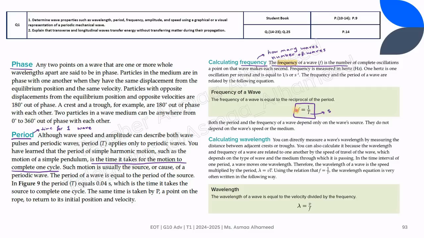Period is calculated in seconds, frequency is calculated in hertz, and hertz is equal to 1 over second, or second inverse, s^-1. And then the wavelength, we find from the speed equation. Wavelength is in meters, frequency is in hertz, and the unit for the speed is meters per second.